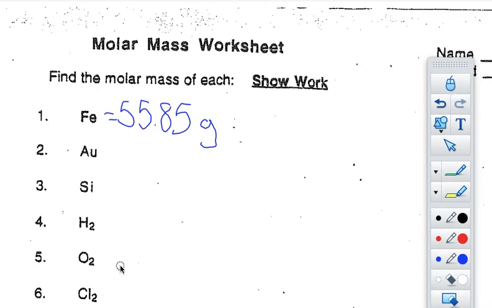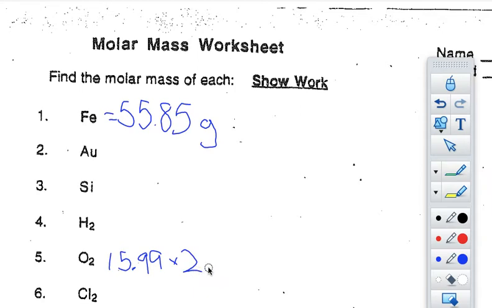I'll try one of these down below here. Look at O2, for example. O2 has 2 oxygens. So we already know that oxygen is 15.99. Again, these numbers are coming from the periodic table. And then since there's 2 oxygens, I'm going to multiply that times 2.